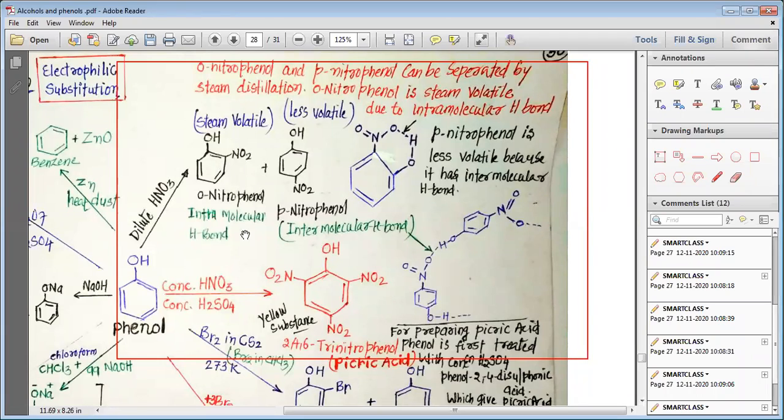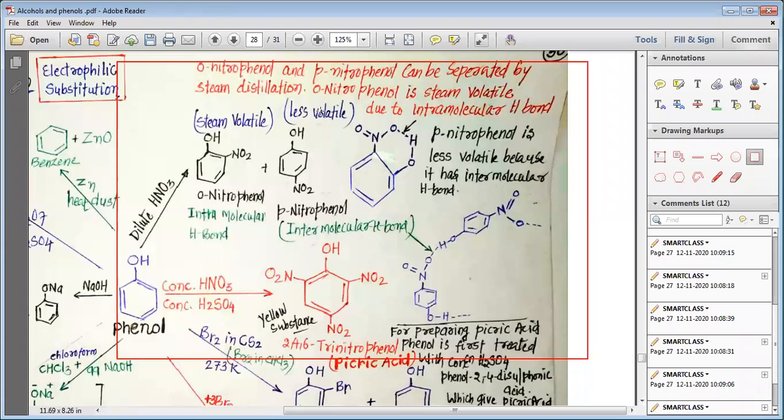Ortho-nitrophenol has an H bond. Para-nitrophenol also shows H bonding. Ortho-nitrophenol and para-nitrophenol can be separated by steam distillation. Why? Because ortho-nitrophenol is steam volatile due to its hydrogen bond.